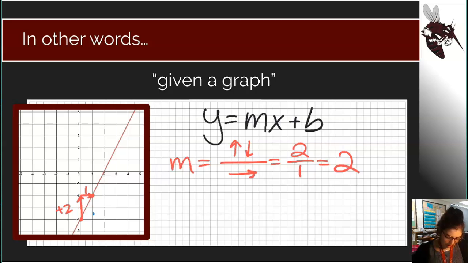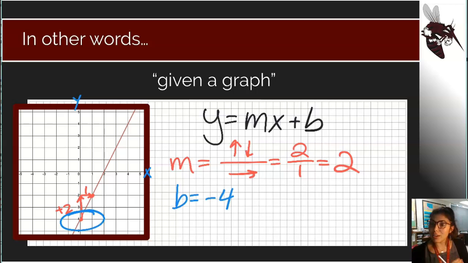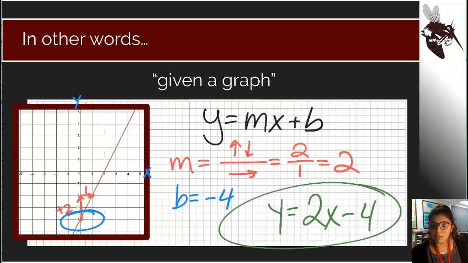And I would look for the y-intercept, the point where the graph crosses the y-axis. This line that's red crosses the y-axis at -4, so I know immediately that my b value is -4. Just like on the previous table, these are all equivalent, we would find that the equation of this line is still 2x minus 4. So whether they give me a table of information or a graph of information, I can still write the same equation.